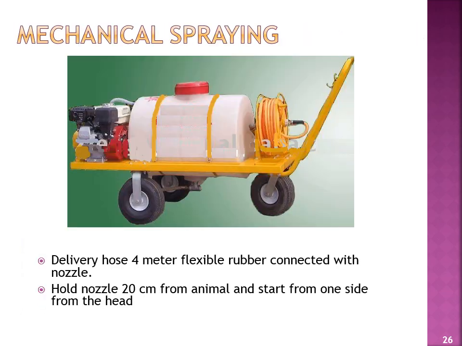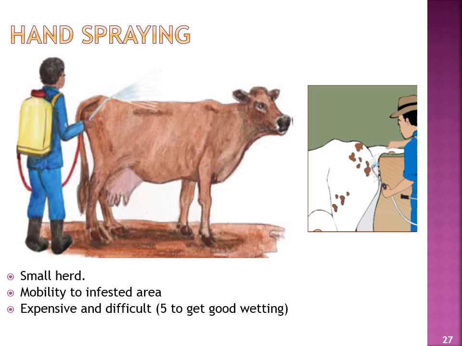We can use mechanical spraying for large animals, and this machine is movable, so we can use it from one place to another. If you have a small herd, you can use hand spraying.